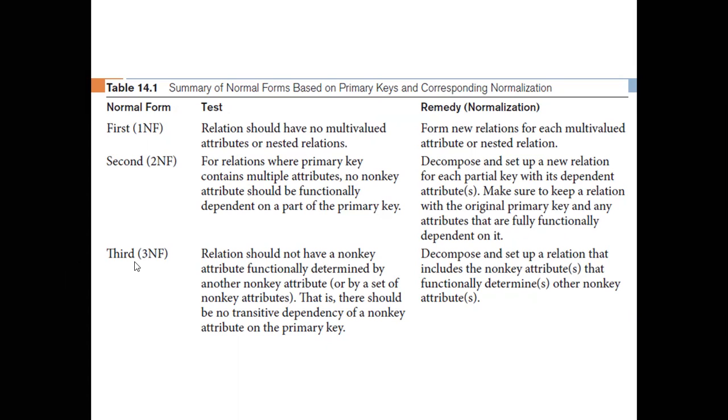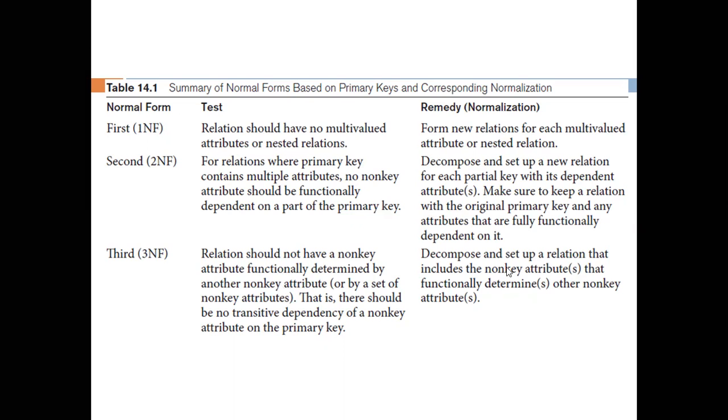For the third normal form, the test is that a relation should not have a non-key attribute functionally determining another non-key attribute. There should be no transitive dependency of a non-key attribute on the primary key.